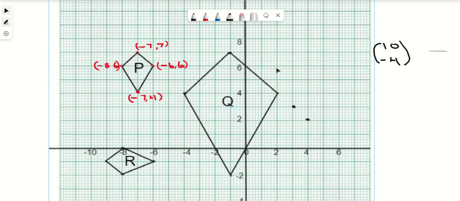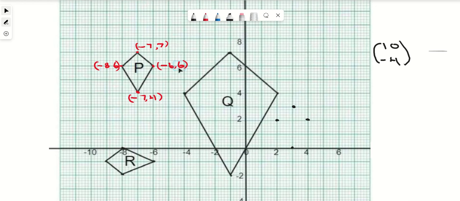And then we're going down 1, 2, 3, 4. So that is where my next coordinate is going to go right here. And then we're going to do this one here, -7, 4: 1, 2, 3, 4, 5, 6, 7, 8, 9, 10, and then going down 4. 1, 2, 3, 4. So we know that coordinate is right here.